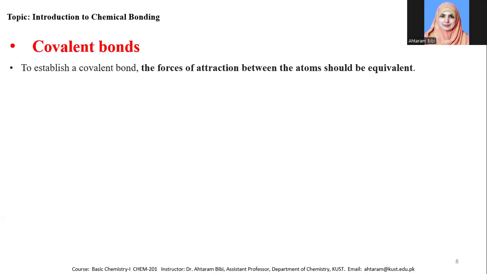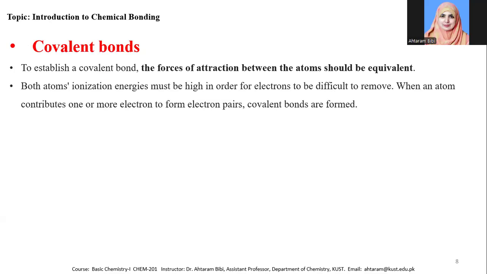It means that each atom equivalently shares the electron. Both atoms' ionization energy must be high, so that it is difficult for the electron to be removed. Due to the strong ionization energy, the removal of an electron is difficult.